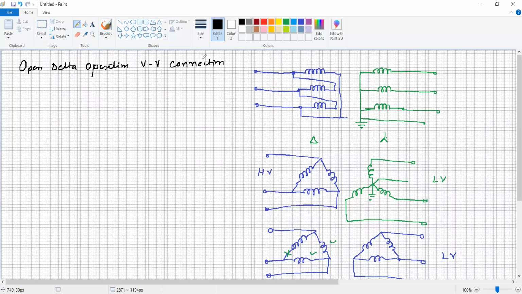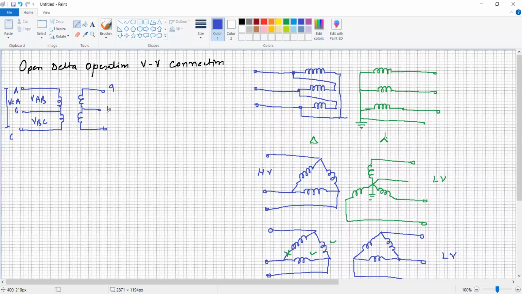Okay, now under such a condition, we will first draw the open delta connection. This is the primary and secondary winding. Let the voltages be A, B, C. So VAB, VBC, and this total voltage is VCA.